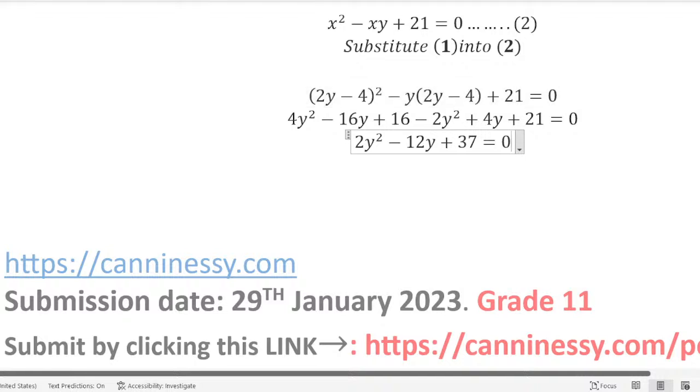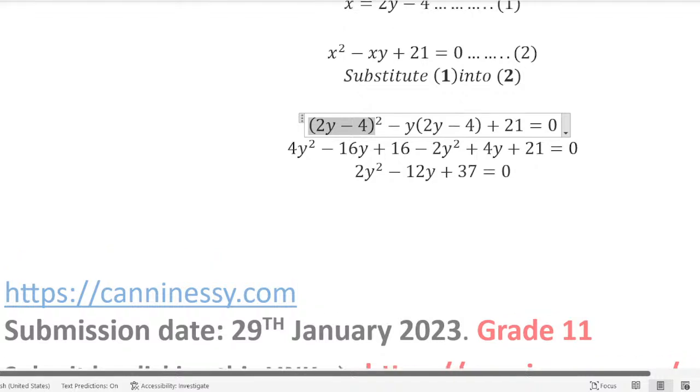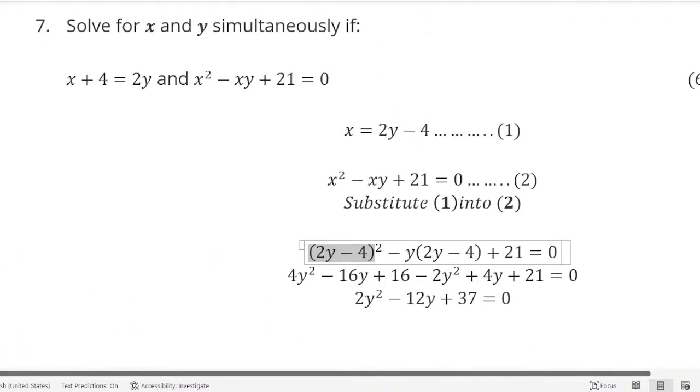Okay, I think I made a mistake here because we must get the factors. Let me check. Here we said x is 2y minus 4.